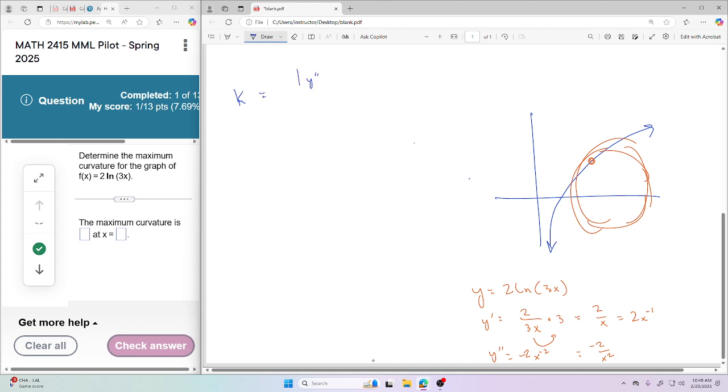So absolute value of y double prime over 1 plus y prime squared to the 3 halves. So absolute value of this dude. And then I've got just 2 over x squared. That doesn't look good. 3 halves.